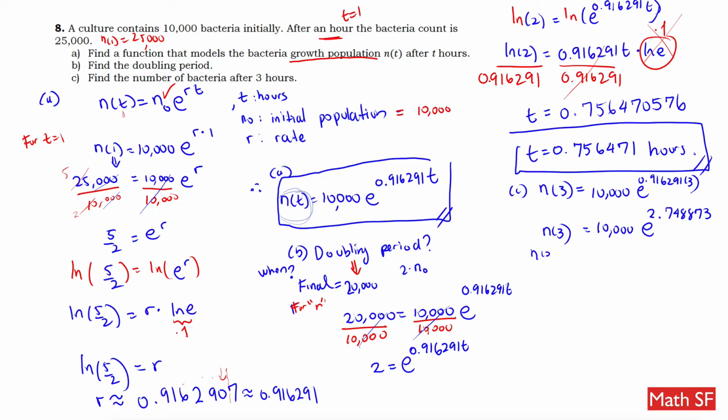So N of 3 is equal to 10,000 times, and I have 15.6250125. I'm going to keep all the decimals I have, at least 6 digits. Then I'm going to multiply that times 10,000, and I'm going to have N of 3 equal to 156,250.1253.